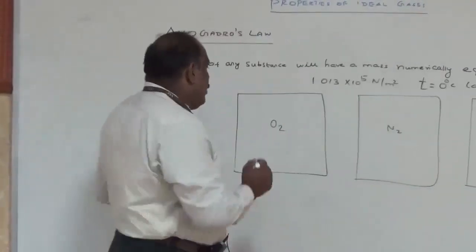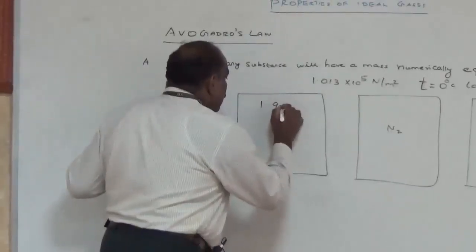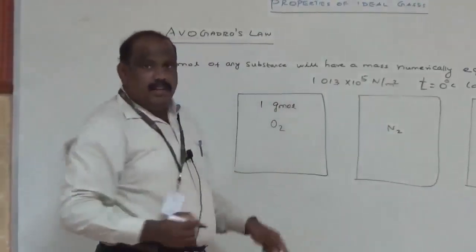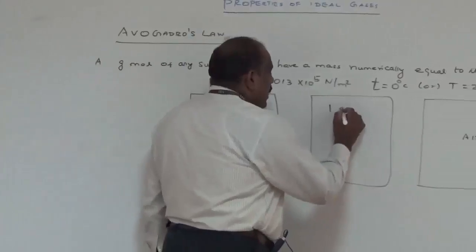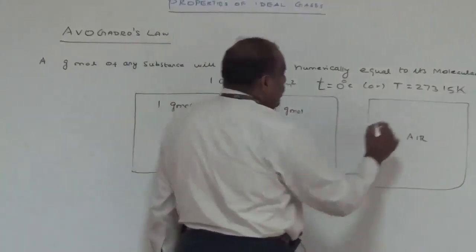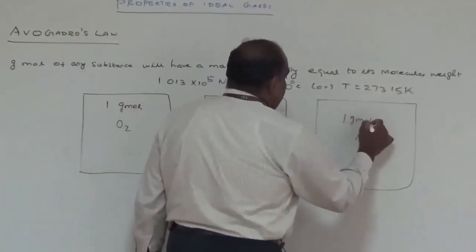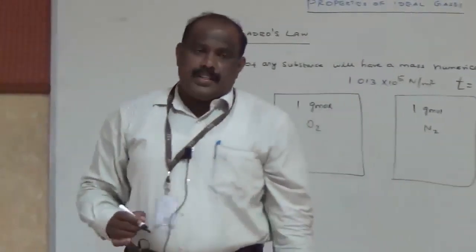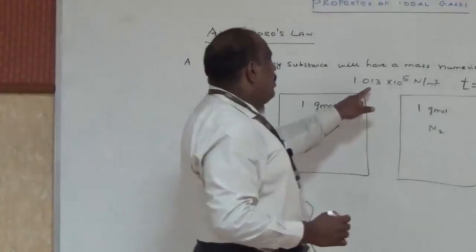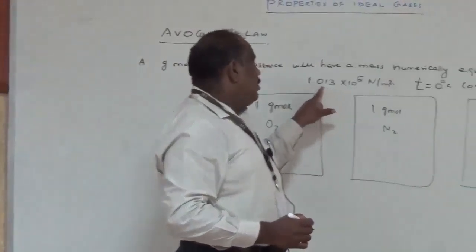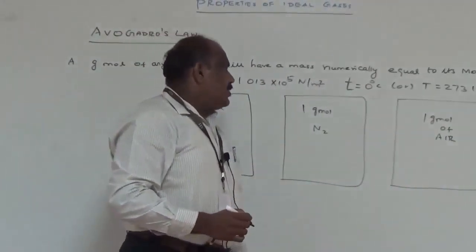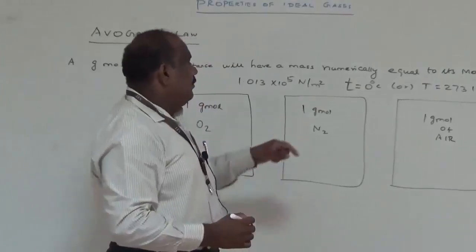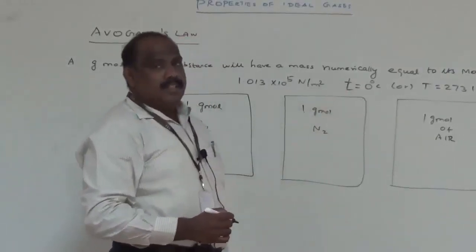So I have taken oxygen, nitrogen and air. What the condition means is that I am going to take only 1 gram mole of oxygen, similarly 1 gram mole of nitrogen, and 1 gram mole of air. At a condition of 1 atmospheric pressure, which is 1.013 into 10 power 5 Newton per meter square or Pascal, and the temperature is 0 degrees Celsius.